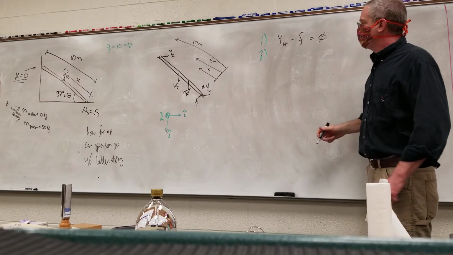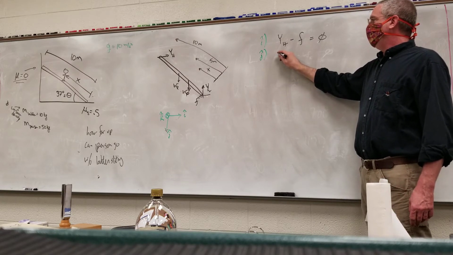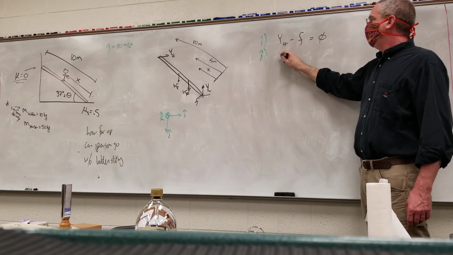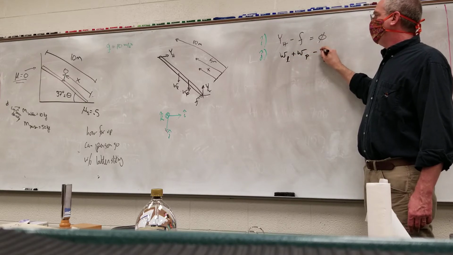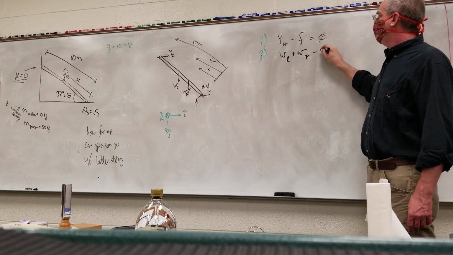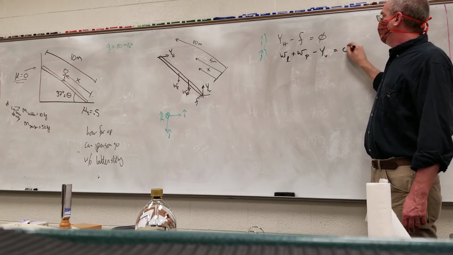Okay. And my J hat equation? The weight of the ladder plus the weight of the person minus the normal force of the ladder, or normal vertical, equals 0.